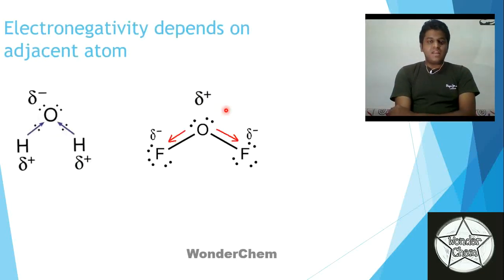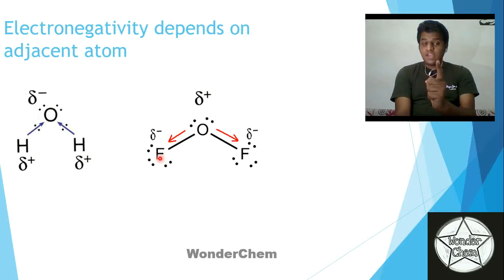Now, electronegativity depends on the adjacent atom. First let us look at the water molecule. In the water molecule, oxygen is more electronegative. It tends to pull the shared pair of electrons from hydrogen more towards itself and gains a negative charge, and the hydrogen atoms gain a slightly positive charge.